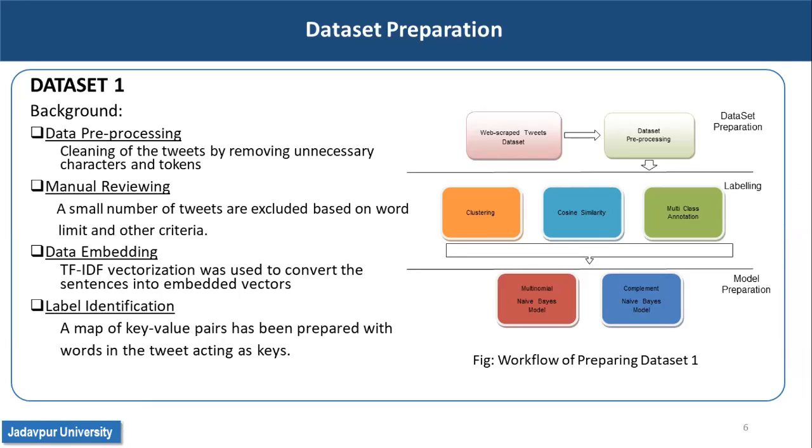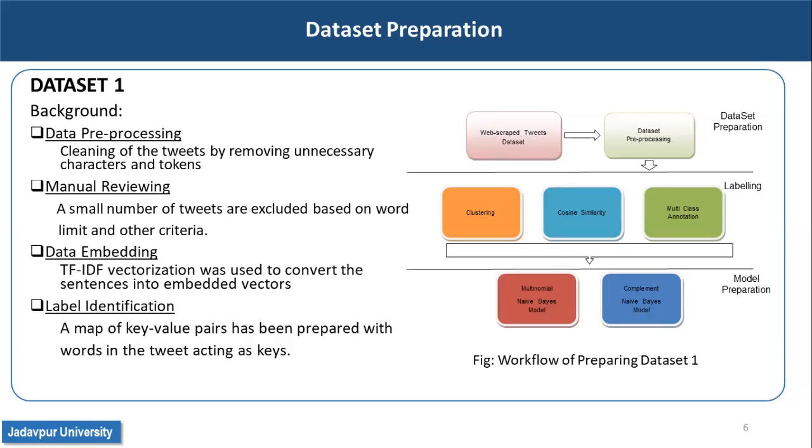This is the dataset preparation part. The tweets are unlabeled at first, and in pre-processing, manual reviewing has also been done, so that, for example, tweets containing fewer than 4 words, which cannot be reliably used, have been separated out.